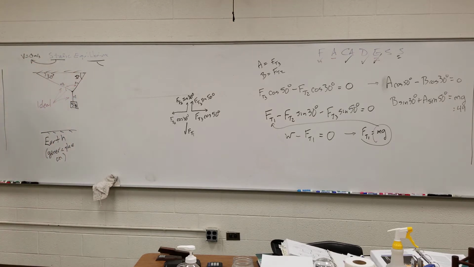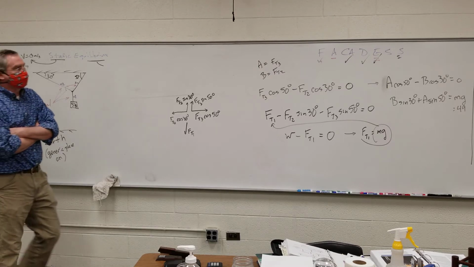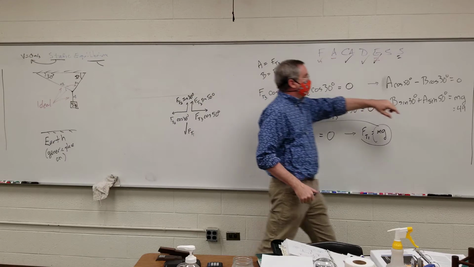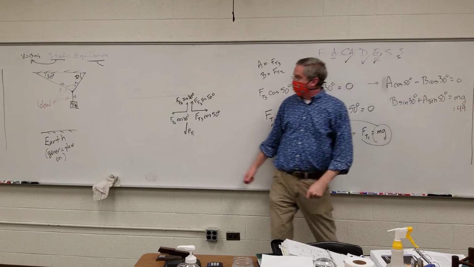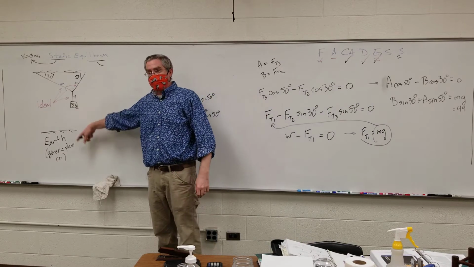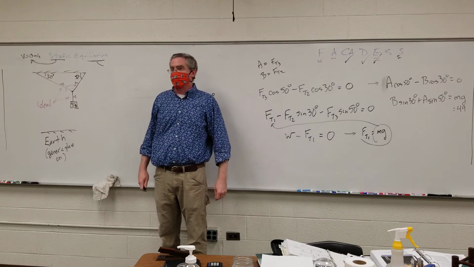All right, how do you solve? How did you get to 49? mg. Are you good where the mg comes from? Yes. All right, the mass is 5 kilograms, and g, since it's some generic place on Earth, is 9.8 meters per second squared.